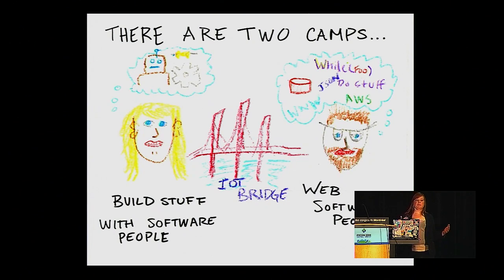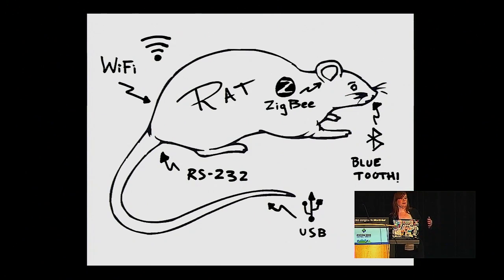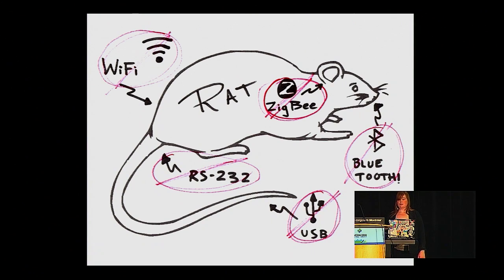So I decided to put rats on the internet, which is great because rats support all sorts of wireless protocols and interface standards, and they're super easy to wire up. Oh, wait, they are totally not easy to wire up.